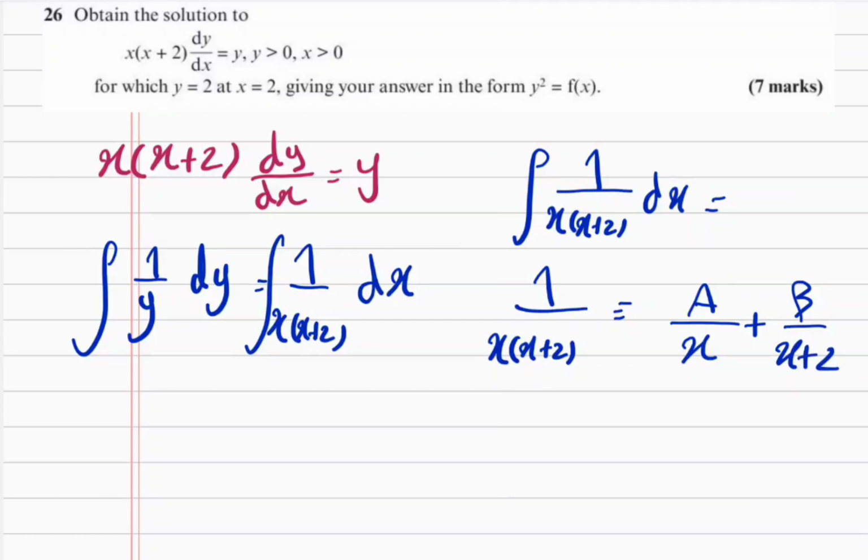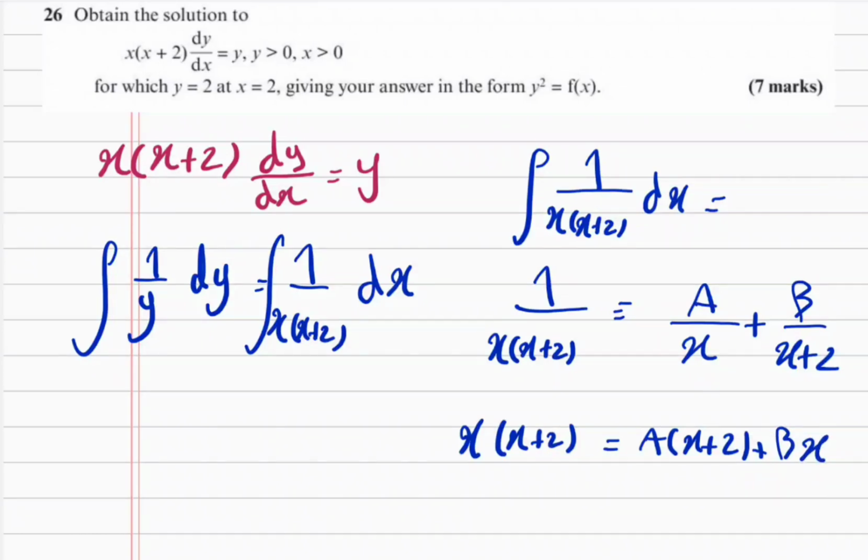So we multiply every term by x times x plus 2. That gives us 1 is equal to a times x plus 2 plus bx.